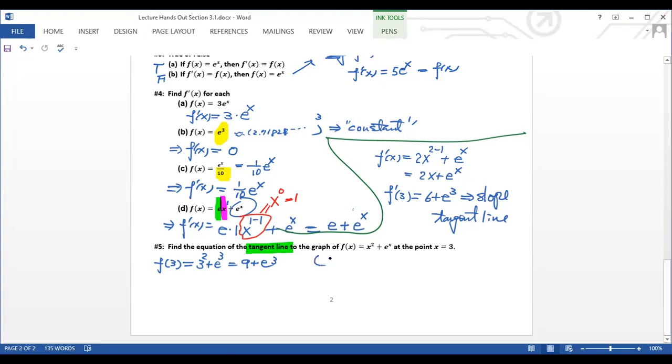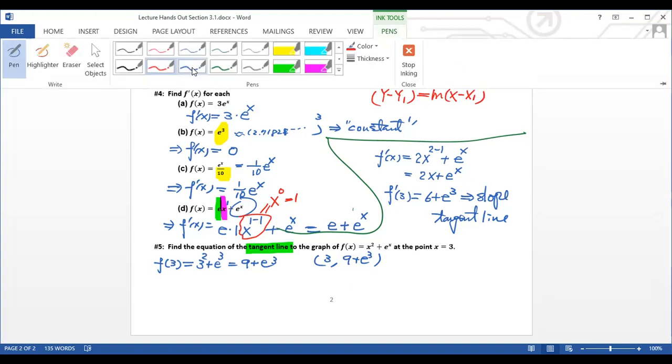This is my point: (3, 9 plus e^3). We use the formula for slope and one point, so let me write it down: y minus y1 equals slope times x minus x1.